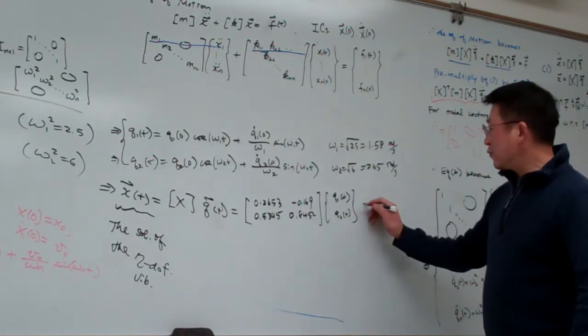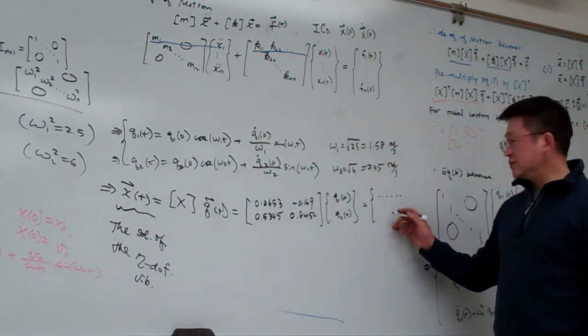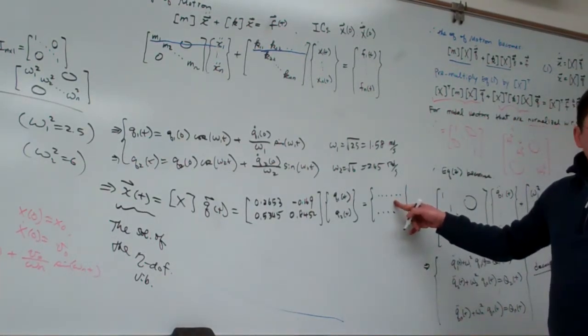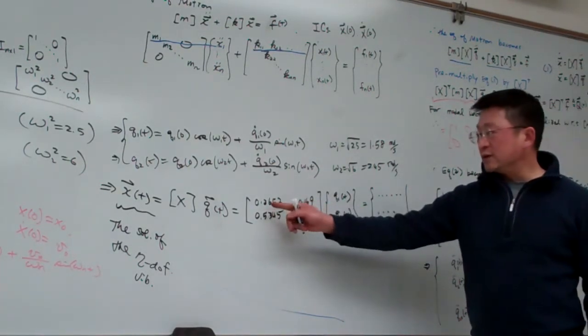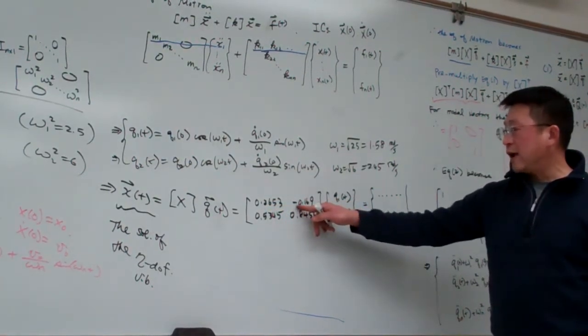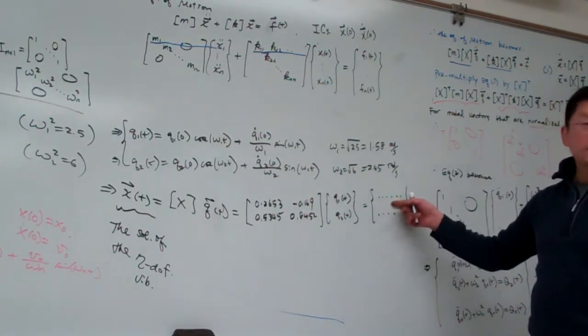So if I ask what these numbers are, give me the full explicit expressions here. What is this? You simply implement 0.2353 multiplied with Q1 minus 0.169 times Q2. That goes to here, right?